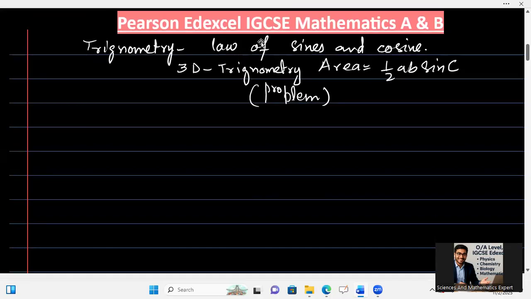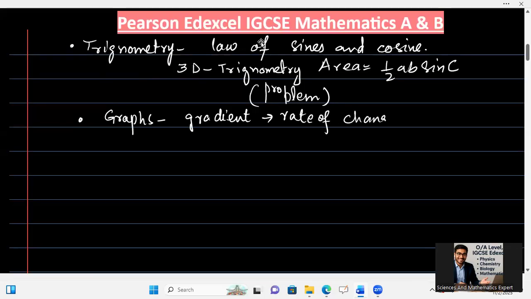Next, after trigonometry, the next topic is related to graphs. In case of graphs, interpreting real life graphs, like gradient is the rate of change, and finding the equation of a tangent. The gradient of a graph tells you the rate of change.